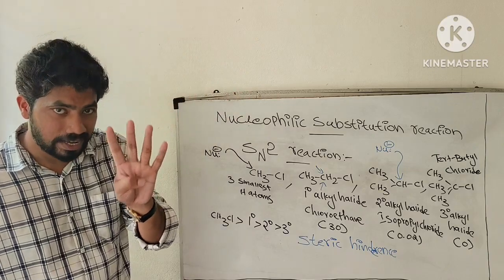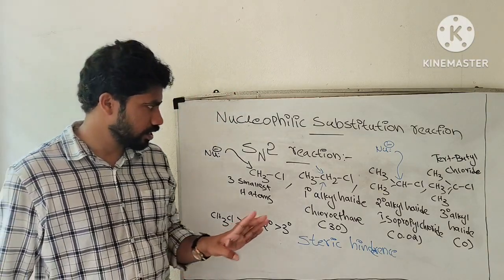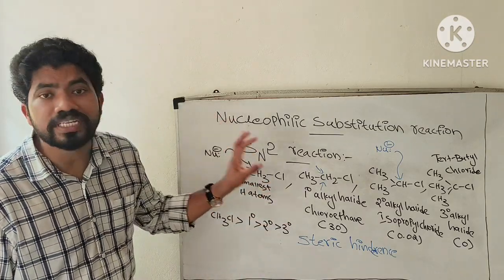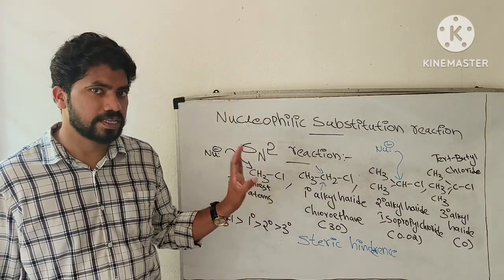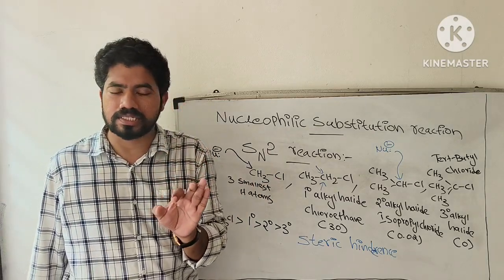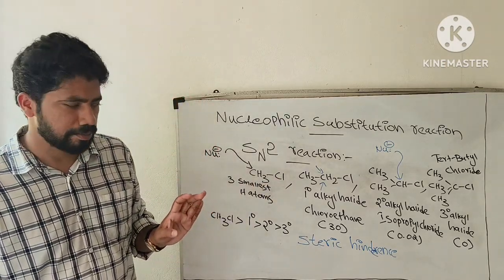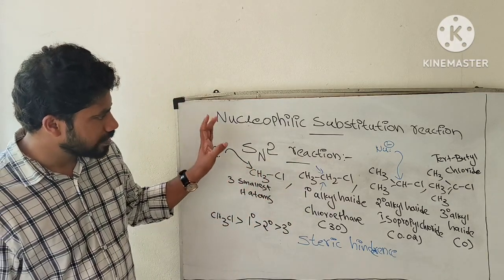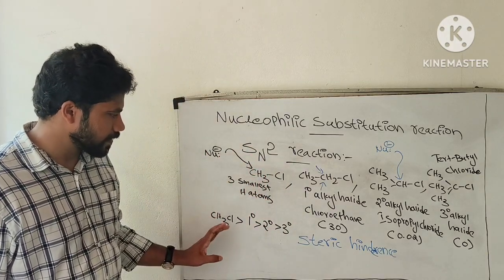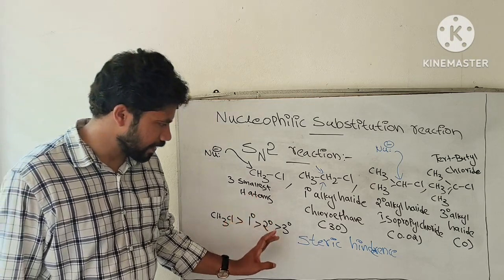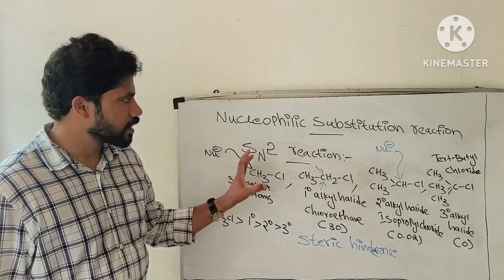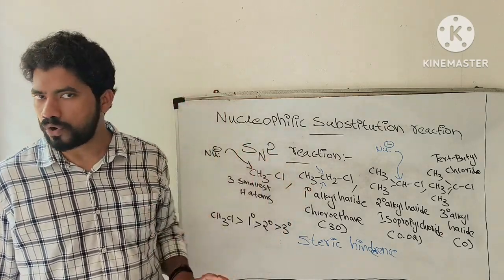It is a bimolecular nucleophilic substitution reaction, and it involves only one step. There is no intermediate in this mechanism, only a transition state, which is not considered an intermediate. The order of reactivity of alkyl halides towards SN2 reaction is CH3Cl greater than primary, greater than secondary, greater than tertiary. And the stereochemistry of SN2 reaction is inversion of configuration.